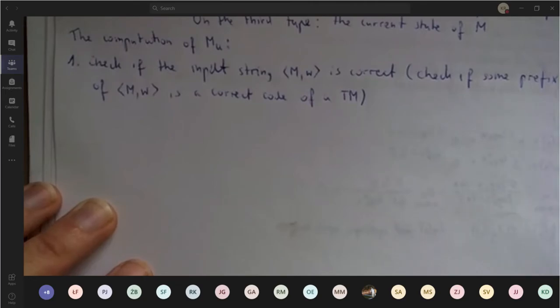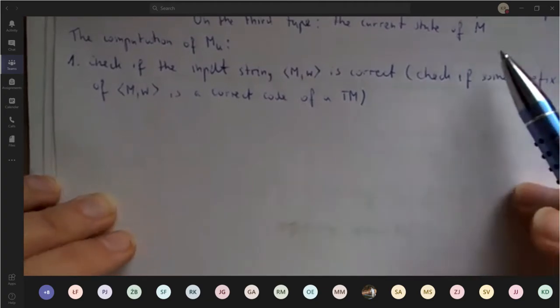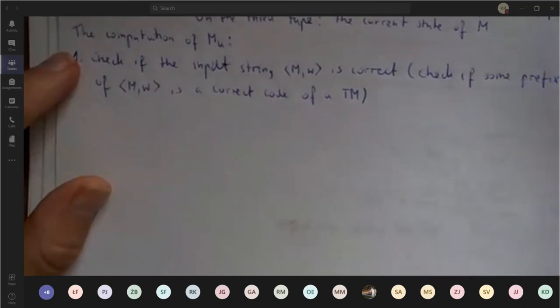The other way to solve this problem is to use a non-deterministic Turing machine. If we use a non-deterministic Turing machine, then in the first step, it will divide the input string into two parts.